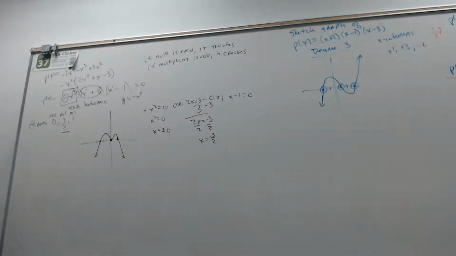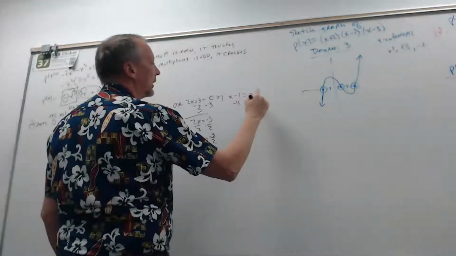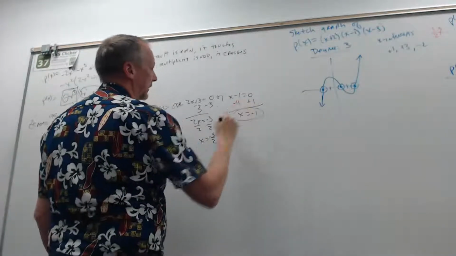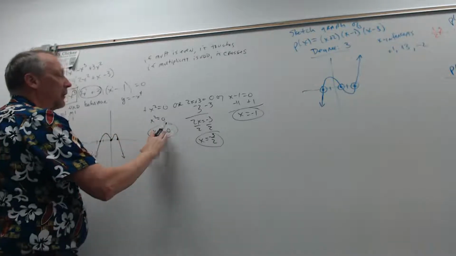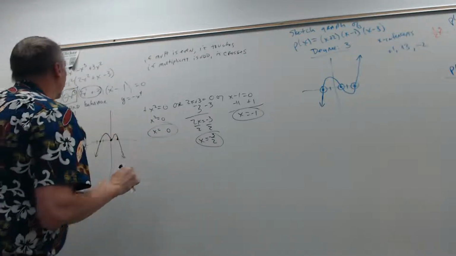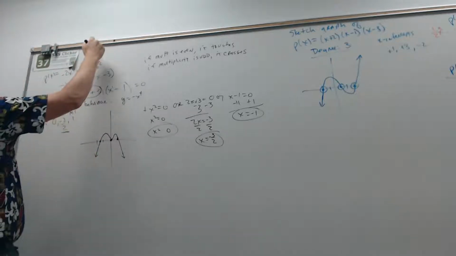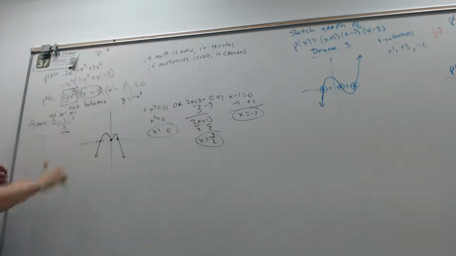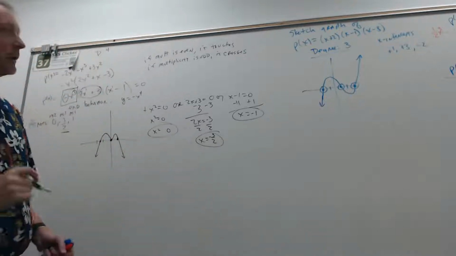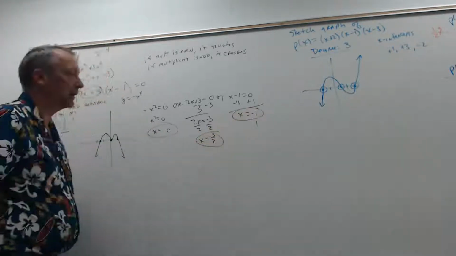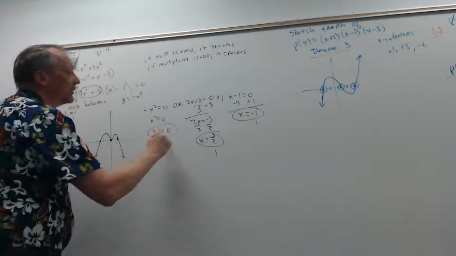Over here, x minus 1 equals 0, so x equals 1. So those are your 3 zeros. Now, the funny thing is that you put plus or minus 0, but remember, this is a degree 4 polynomial. So I've got to account for all of my roots. I've got 1 root here, 1 root here, and 2 roots there.